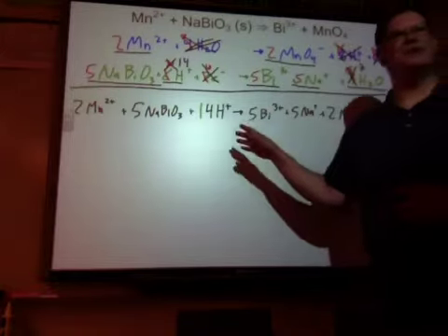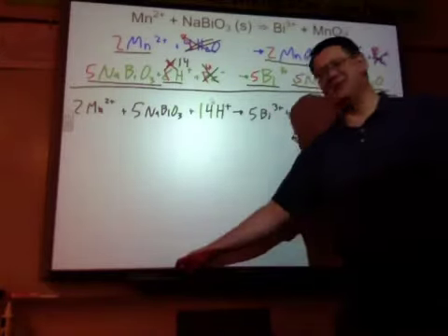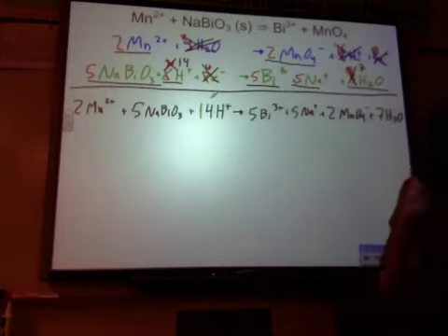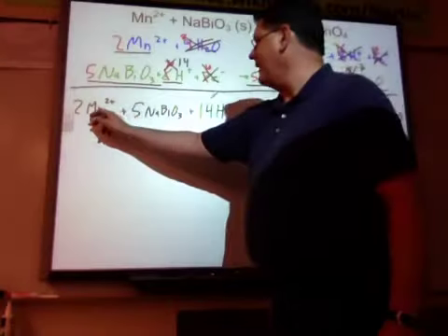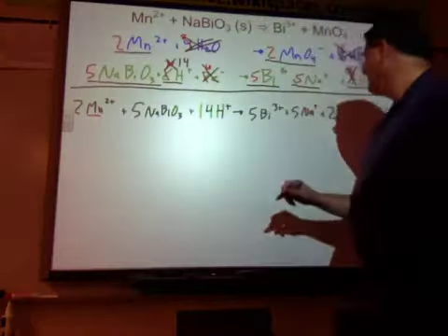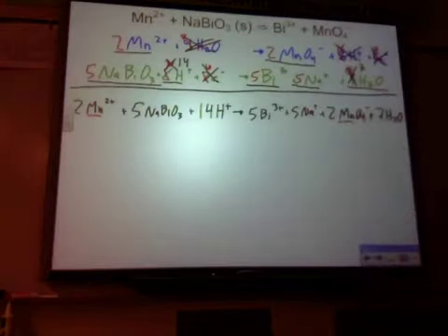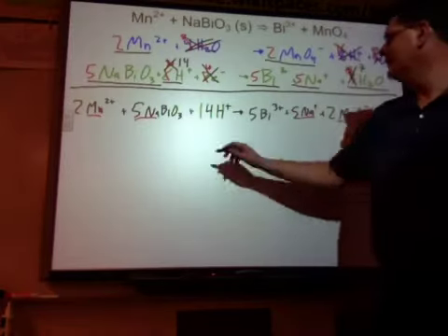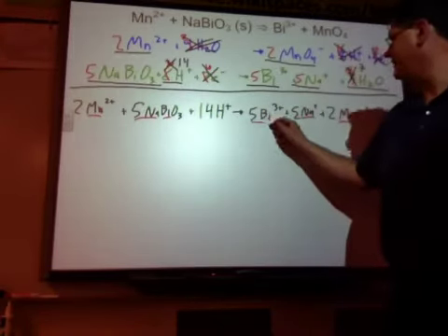If we've got the charge narrowed down, it's almost not possible that we don't have the mass balanced right. But let's check. There might be an exception. Manganese 1, 2. Manganese 1, 2. That's good. Sodium, 5 sodium, 5 sodium. Good. 5 bismuth, 5 bismuth.